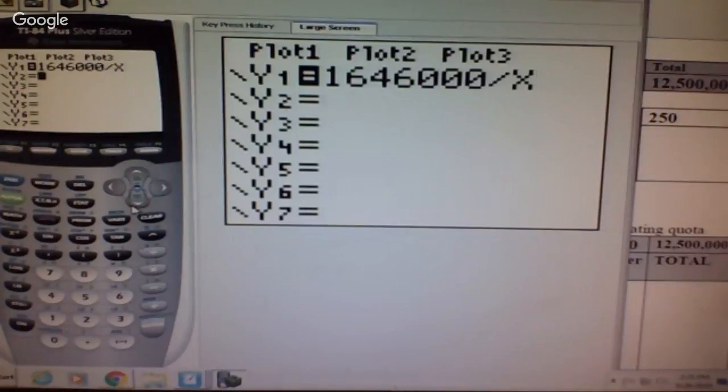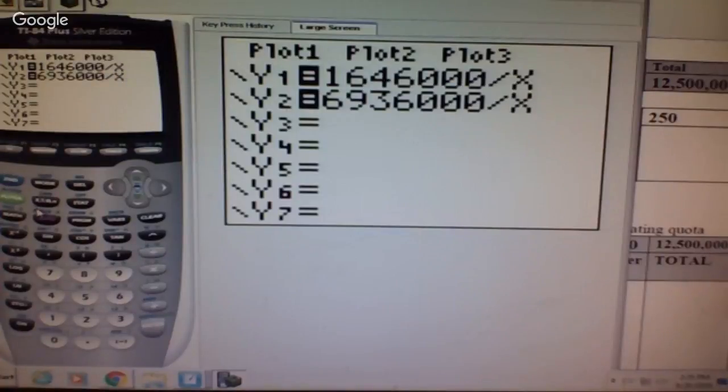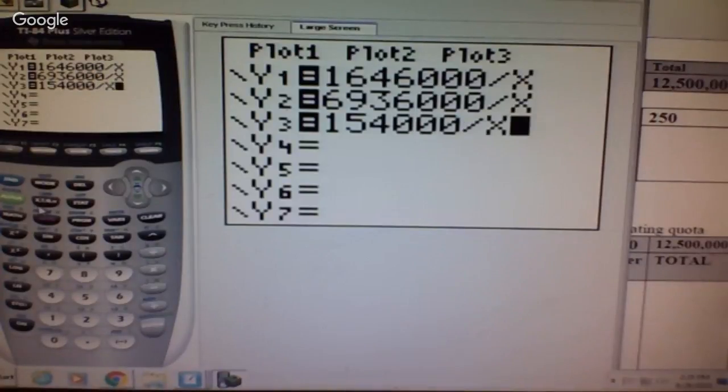You're going to move down to Y2 and put in the population for state B. So 6,936,000, again divided by X. Move down. 154,000, divided by X. Move down again.